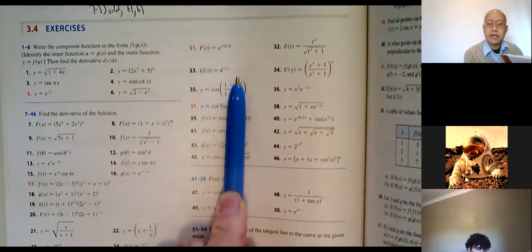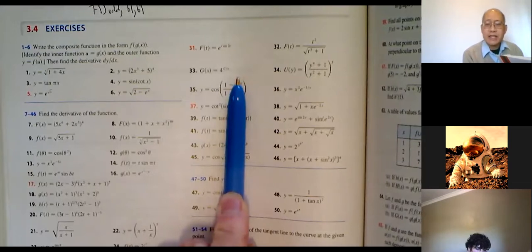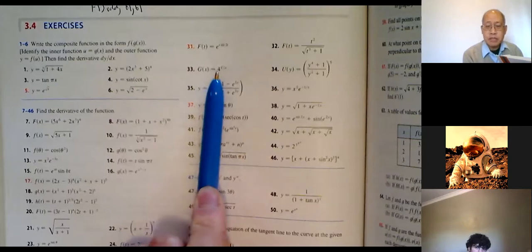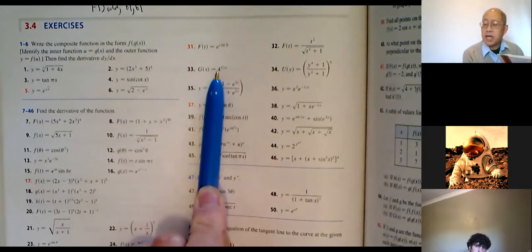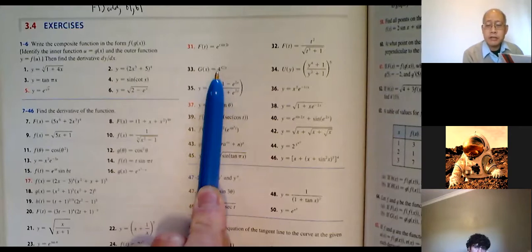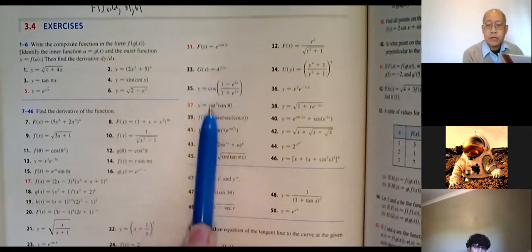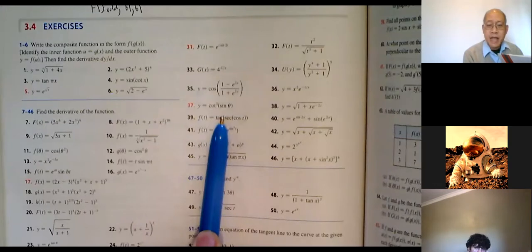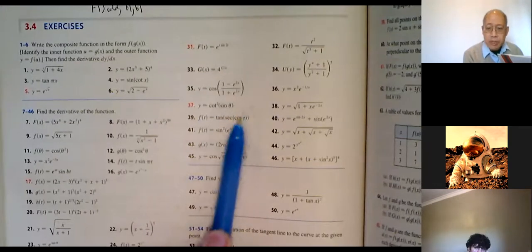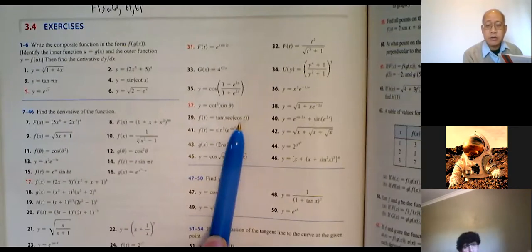So you would go secant squared of all this, and then times the derivative of the inside. Okay, so you're done with tangent. The inside is a composition in itself. You have secant times cosine. So you would go secant tangent times the derivative of the inside, and the derivative inside is another function, cosine.